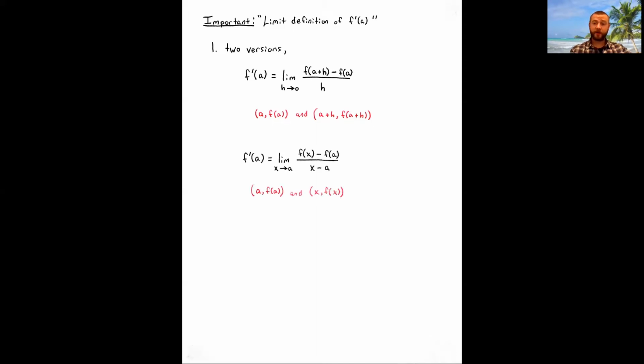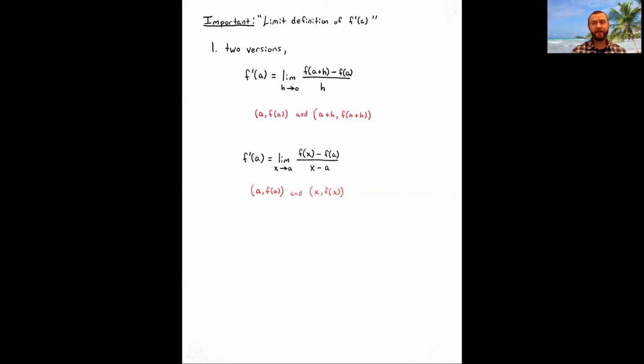And this is the other standard version, the alternate limit definition for f prime of a. Here our ordered pairs are (a, f of a) and (x, f of x). In order to make the connection, we don't evaluate a limit as h goes to 0.